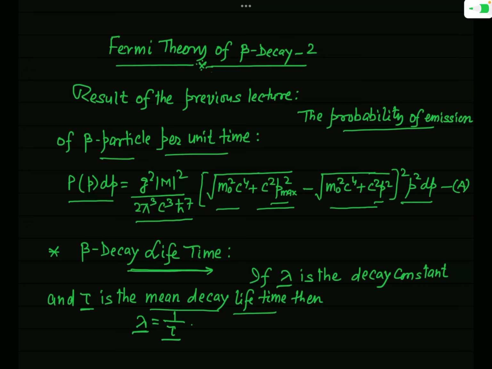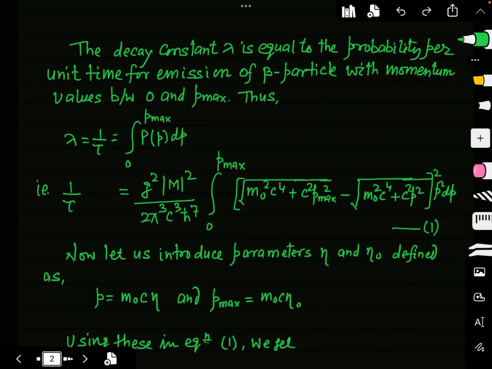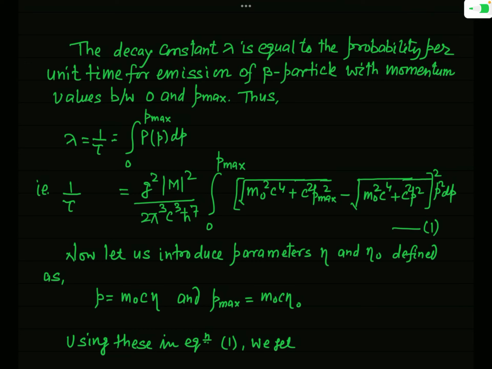Now how is this lambda, the decay constant, calculated? Actually it represents the rate of disintegration, that is the rate of emission. It means this lambda is equal to the probability per unit time for emission of beta particle for the entire range of momentum.